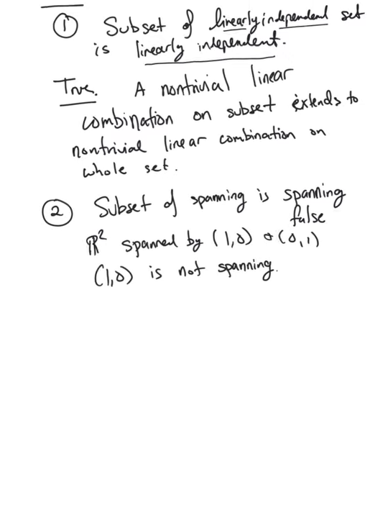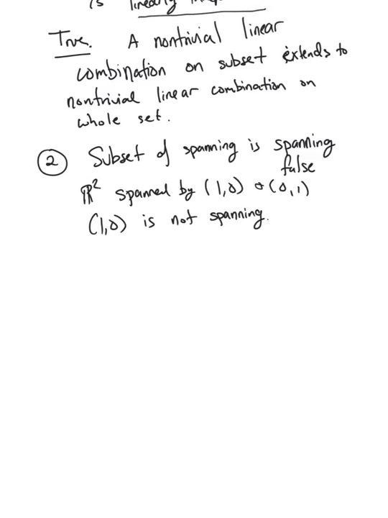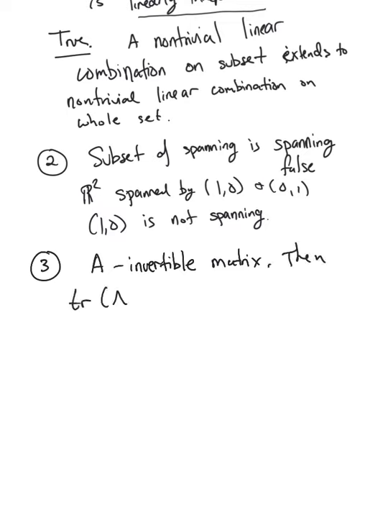Okay. All right, so the last one is: if I take an invertible matrix A, then is the trace of A inverse equal to 1 over the trace of A? Okay, so this is false as well. Again, I'll just make an explicit example.